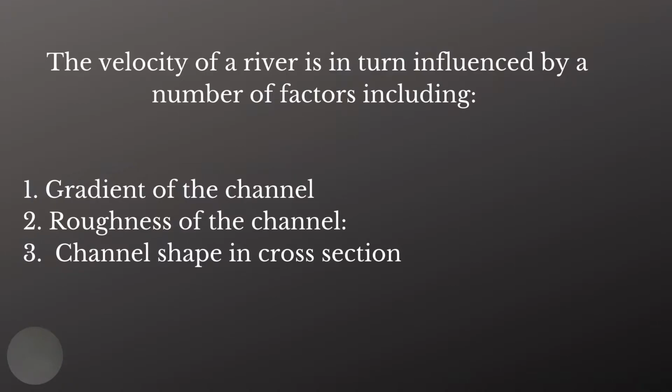These include the gradient of the slope over which the river flows, the amount of friction caused by the rough edges within the river bed, and the shape of its channel expressed as hydraulic radius.